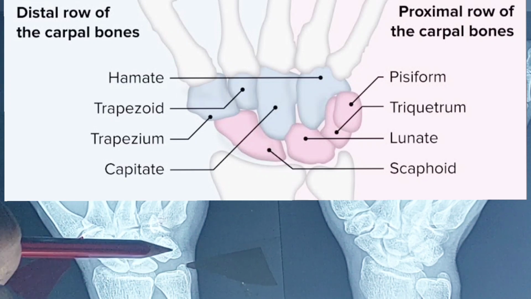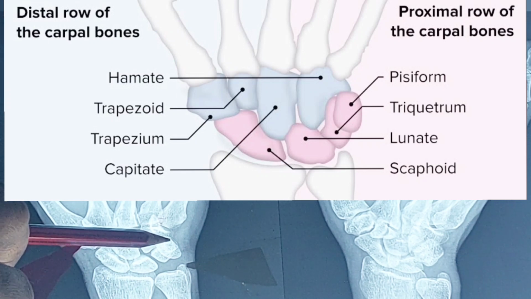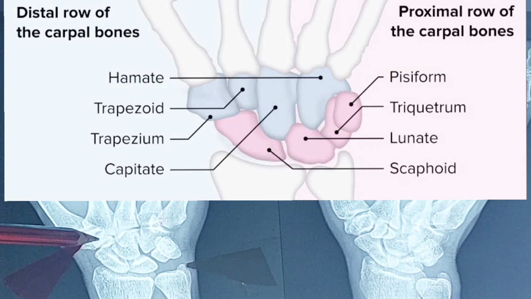So from lateral to medial, if I go, this bone is the scaphoid, then this is lunate, this is triquetral, and this is pisiform. So these 4 are the carpal bones of the proximal row. And the carpal bones of the distal row, again there are 4. One is the trapezium, this one.